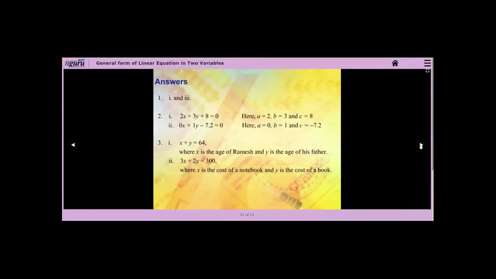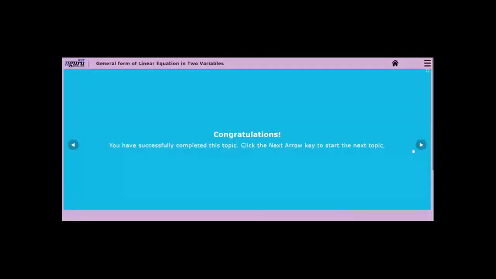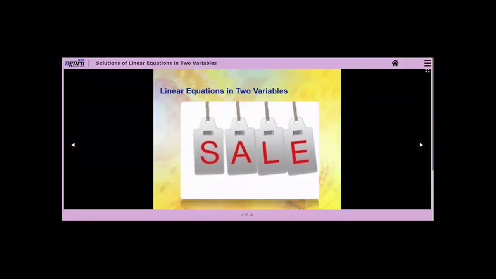Let the age of Ramesh be x and the age of his father be y, so x plus y equals 64 years. Correct. And Ritu buys 3 notebooks and 2 books for 300: 3x plus 2y equal to 300. Correct.